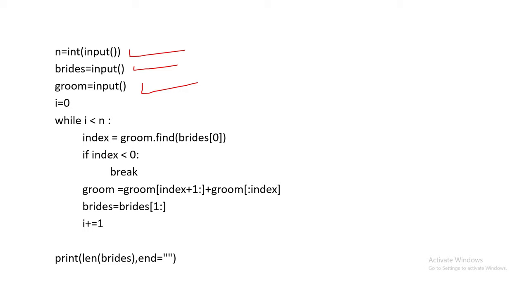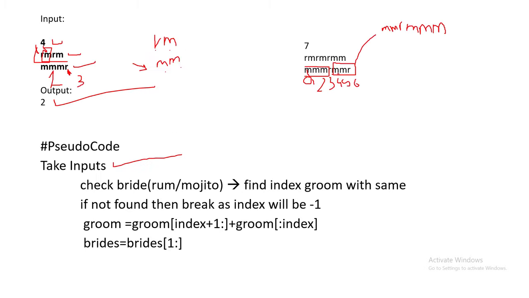If he is found, then we'll move to these conditions, and if he is not found, we will just break, get out of the loop and count the length of brides. Once our index is found, as we discussed here, they all have gone to the back side, and the groom is popped out from here.